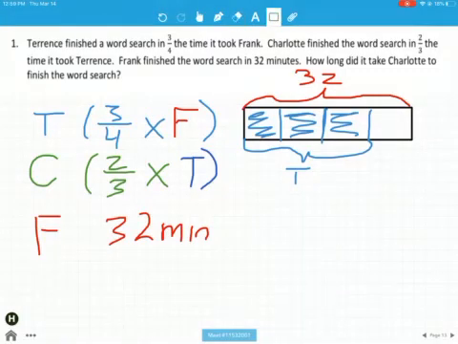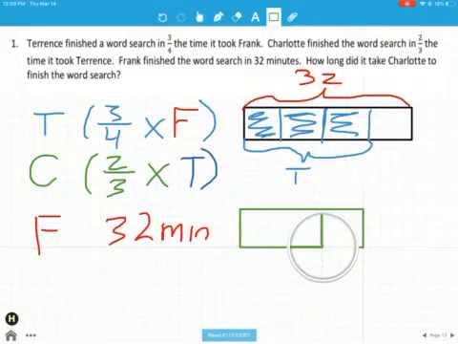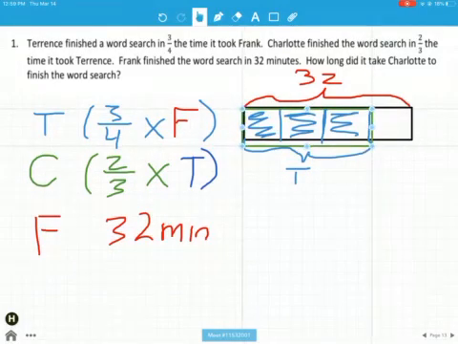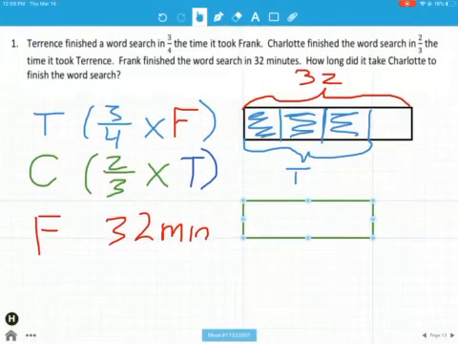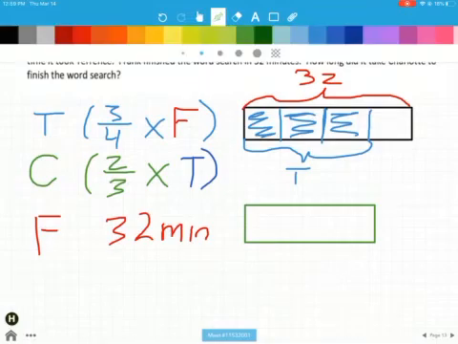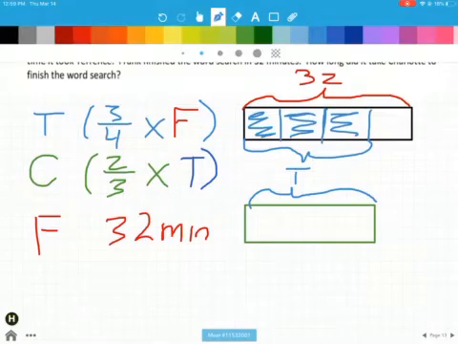Okay, so for Charlotte, it's going to be the same length as Terrence, or close to it, because our total here, our top number, is Terrence, and we're going to divide it into thirds.